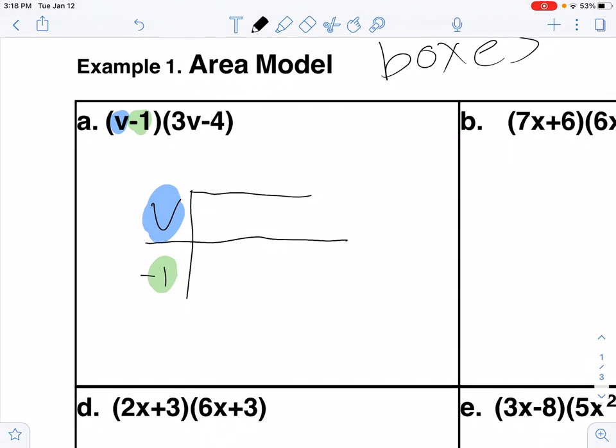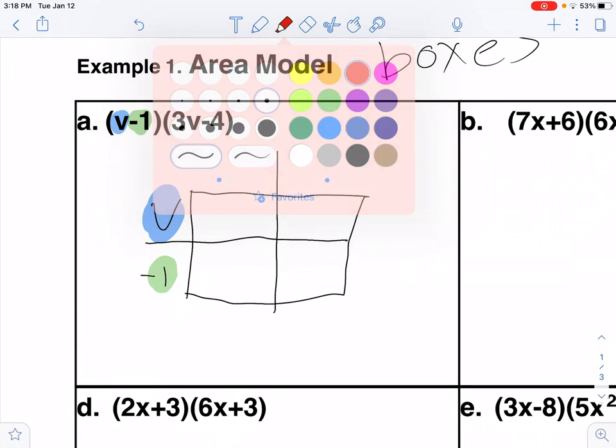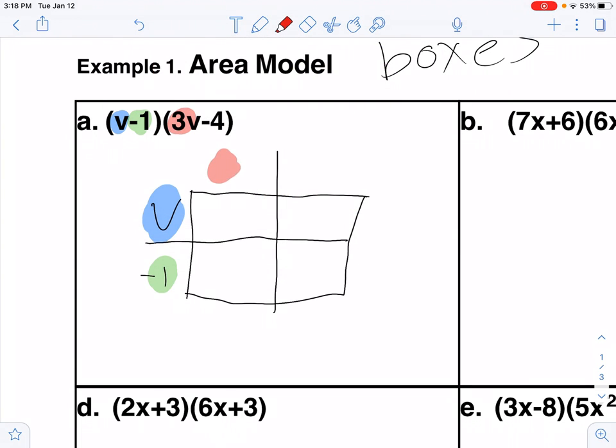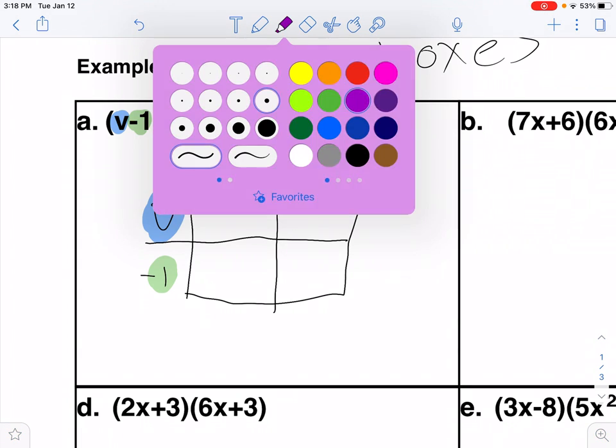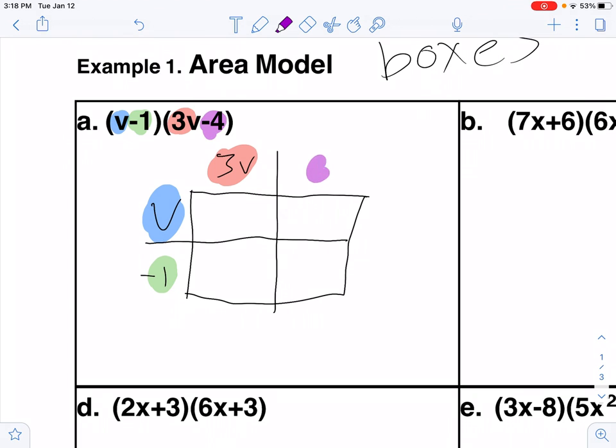And those are going to multiply with my other 2 terms, 3v and negative 4.